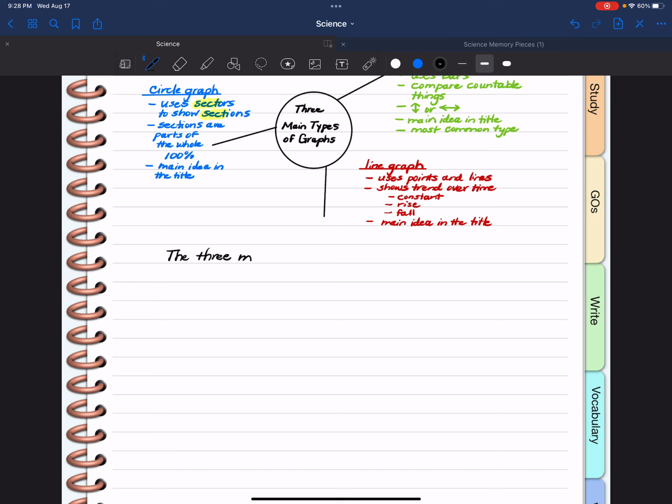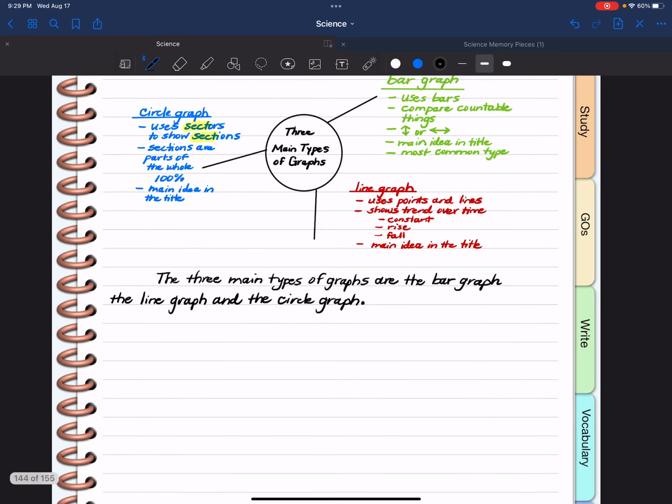So the 3 main types of graphs are the bar graph, the circle graph, or I'm sorry, the line graph was our next most complicated one, and the circle graph. Full stop.